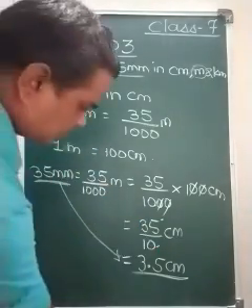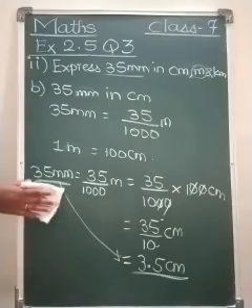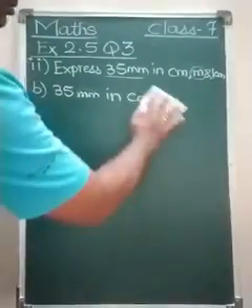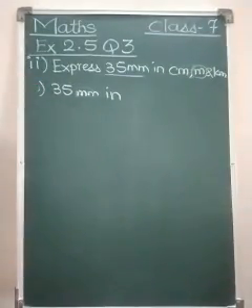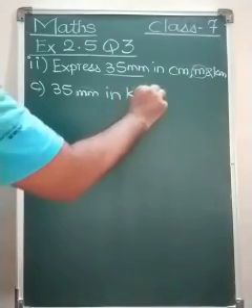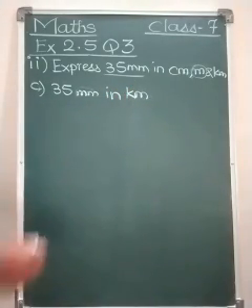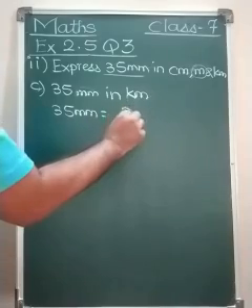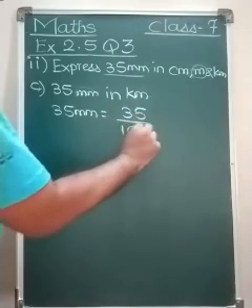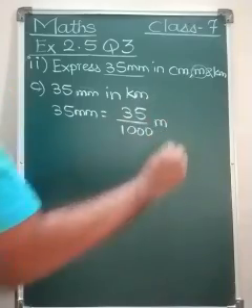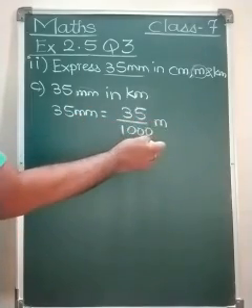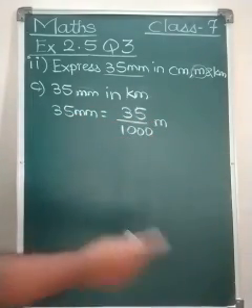Okay, very quickly we move towards the C part, that is conversion into kilometers. C part, 35 millimeters in kilometers. Again the same thing, 35 millimeter equals 35 upon 1000 meters, because once you come to meters, conversion from meter to any quantity is quite easy.